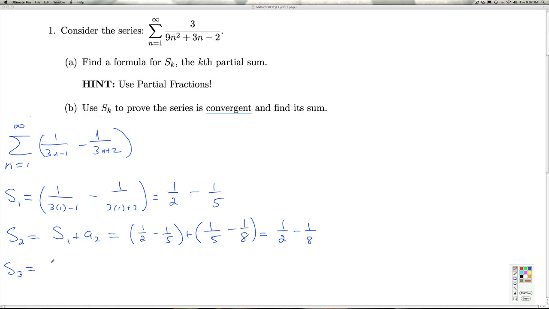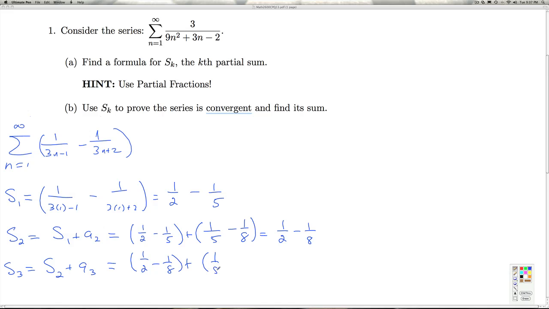S3 is the sum of the first three terms. So I can think of that as S2, the sum of the first two terms, plus the third term. S2 I've worked out to be 1/2 minus 1/8. And now I substitute in 3 to get the third term. 3 times 3 is 9, minus 1 is 8.